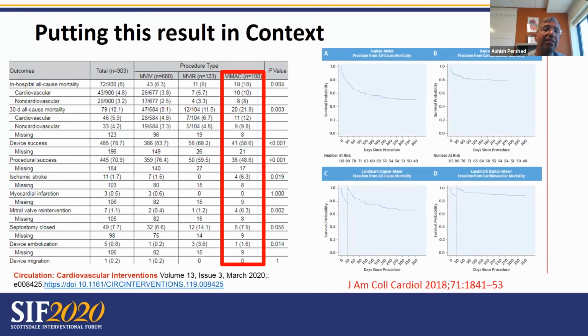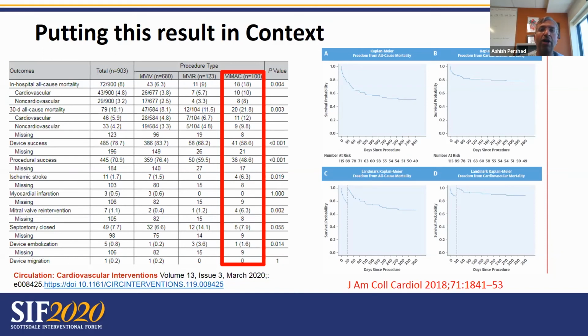Putting this in context, I think, is important. This was a case that was done at our institution that has a large experience with doing transcatheter mitral valve implants. But in the left panel, you see the 30-day results in the STS-TVT registry of patients who've had this procedure done.